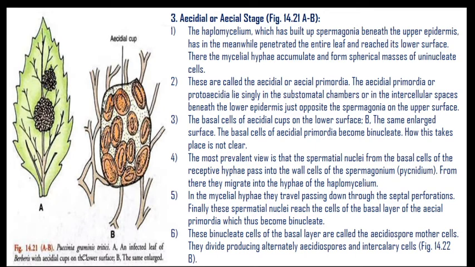So Puccinia graminis basidiospores directly germinate on a leaf of Berberis vulgaris and infect the leaf with aecial cups on the lower surface. This is the aecial cup, and this is the enlarged part of the aecial cup. So here are some detailed structures of an aecial cup.